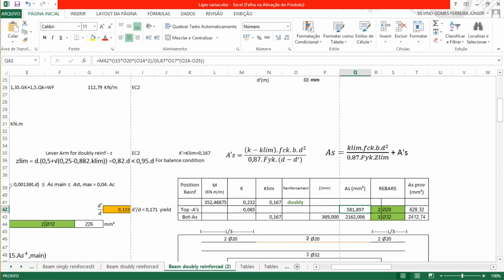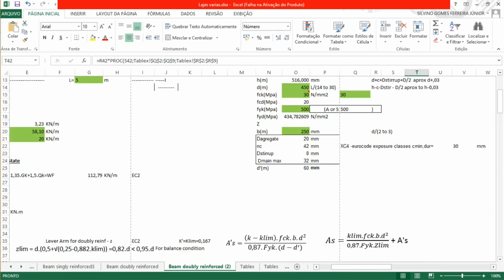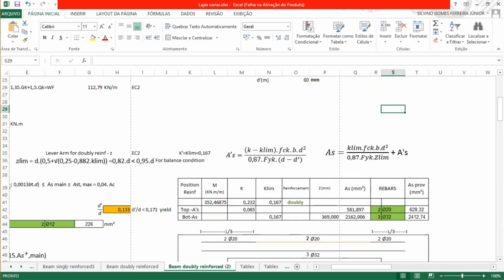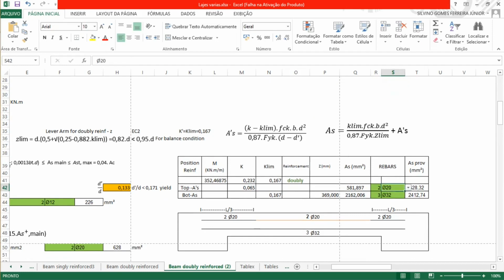Even when we estimated at the beginning, we were thinking on the D prime to use the 20 rebars on the top, and it seems it's okay. If we try to use 16, 402, it's not enough, so we should use the diameter of 20.